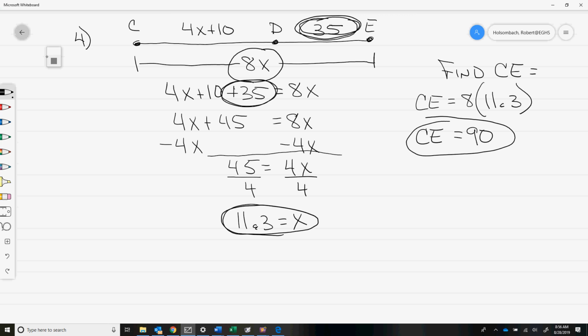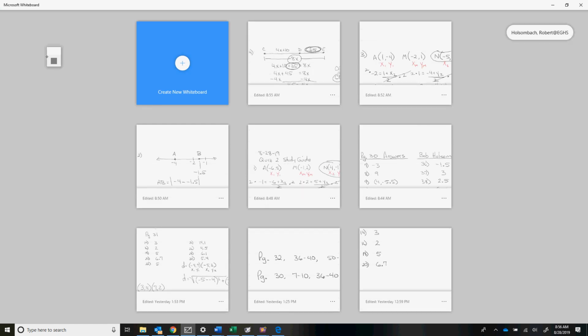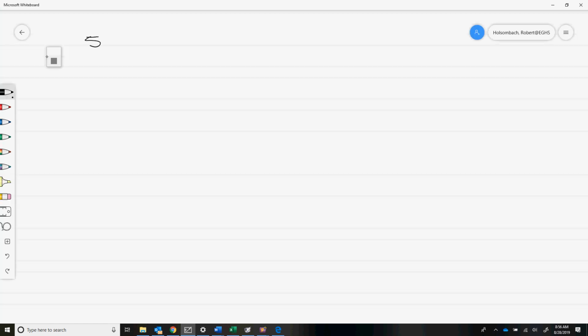Number 5. Find CD and EF, then determine if CD, this symbol means congruent to EF. They want to know, is CD congruent to EF? Okay?